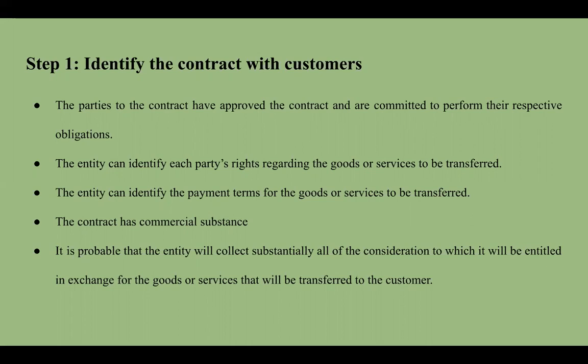The other one is that it is probable that the entity will collect all of the consideration to which it will be entitled in exchange for the goods or services that will be transferred to the customer. All the above is to be approved by the executives of the two parties.